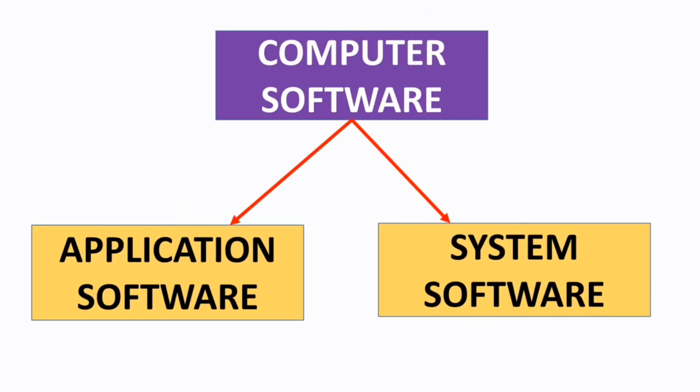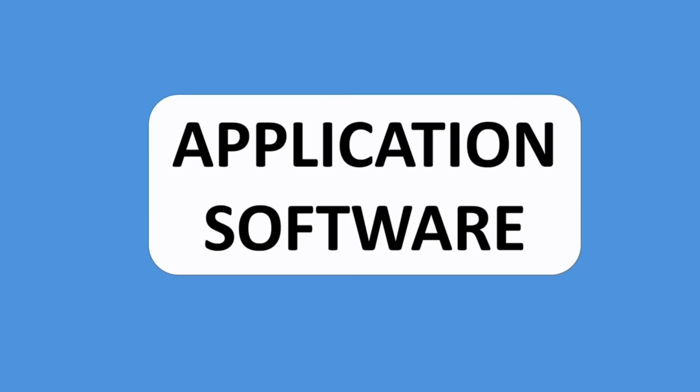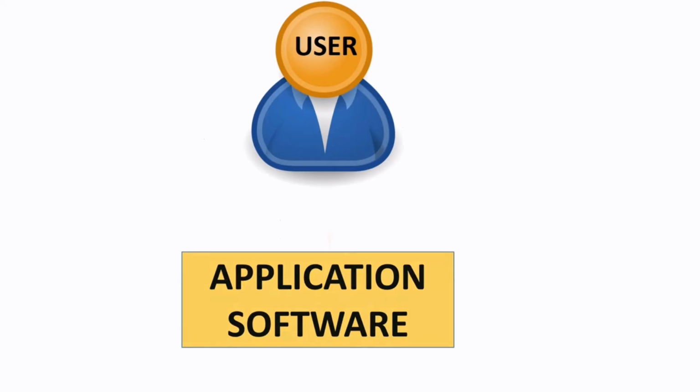Computer software is divided into application software and system software. Application software. Application software are programs that help the user perform specific tasks.